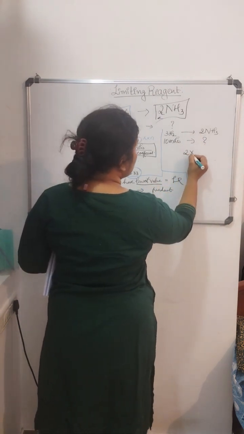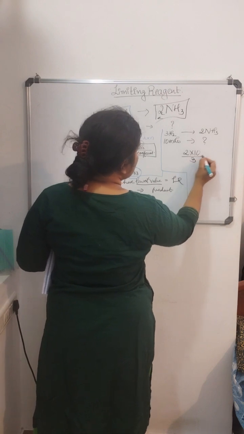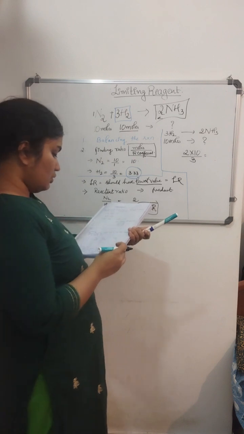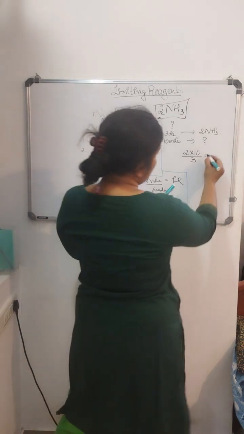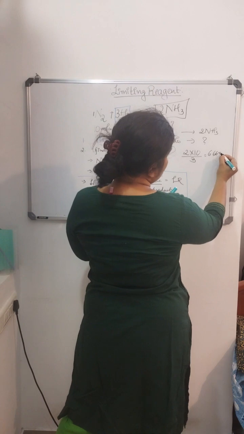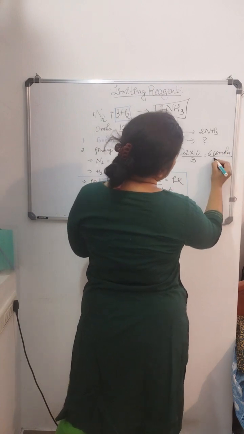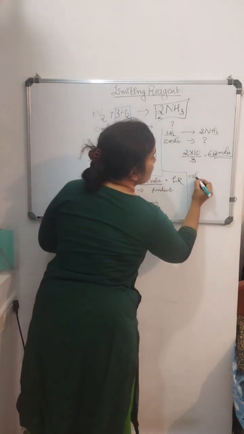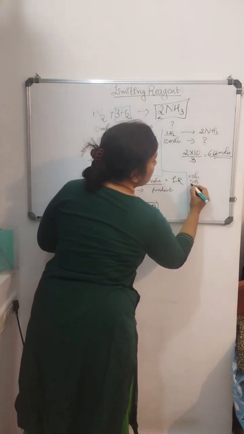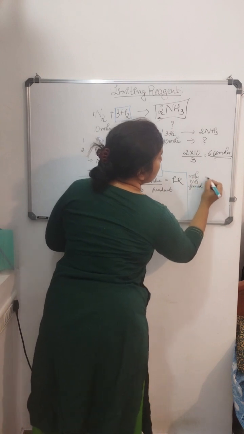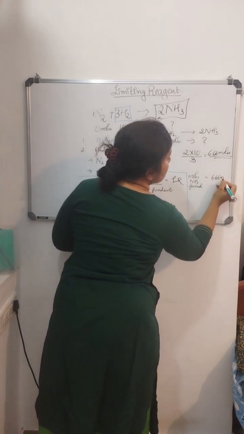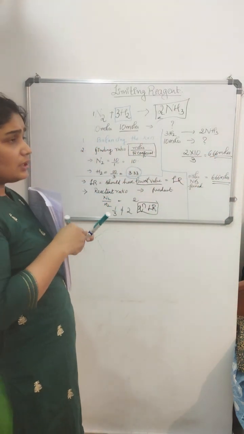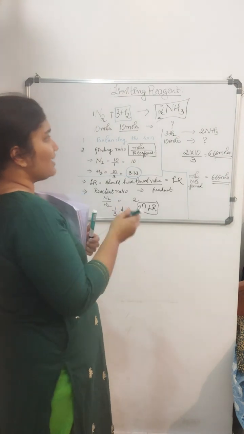So 2 into 10 divided by 3, that comes around 6.66 moles. So 6.66 moles of NH3 is formed.